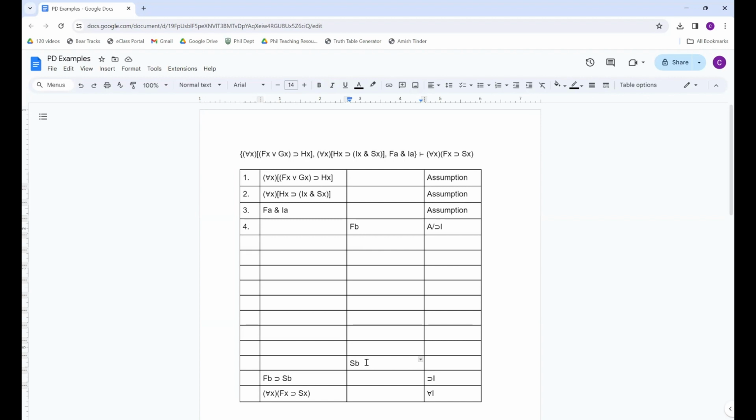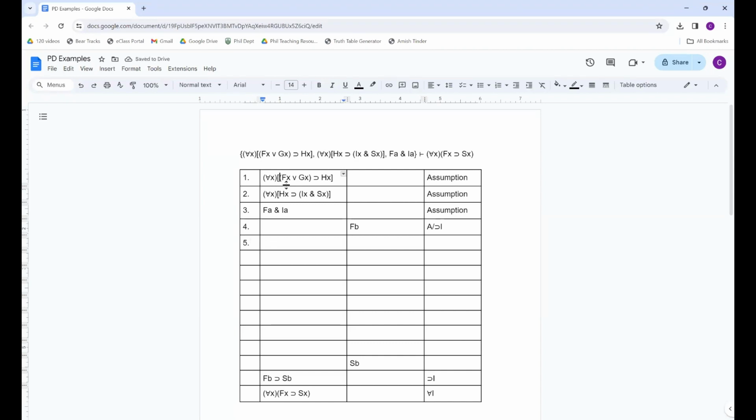Okay, SB, not really clear how we're going to get that immediately. Presumably it's going to involve these, but we're not going to be able to do anything with these until we go and apply universal elimination, instantiate them for B. So let's do that next.